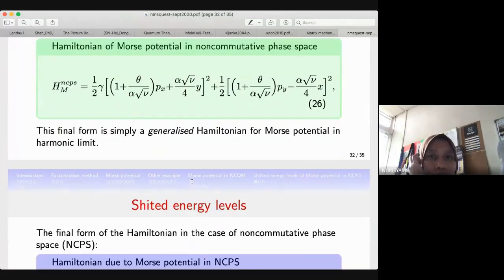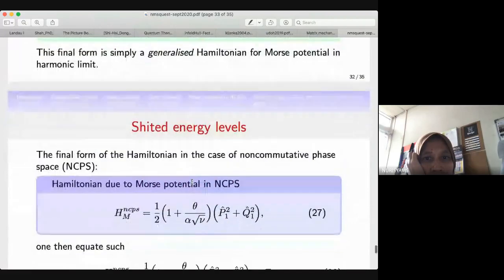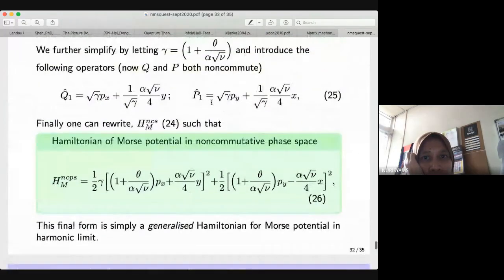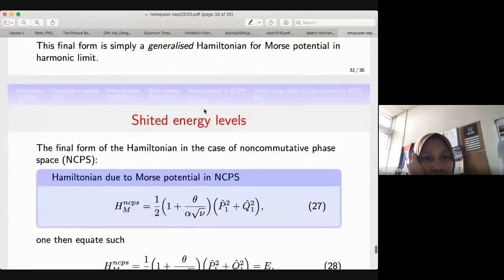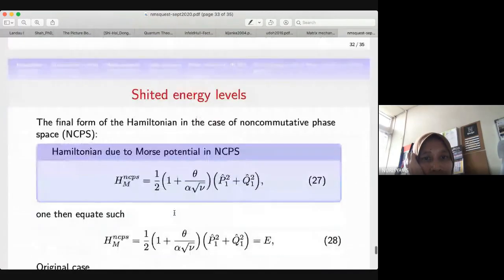So what we are going to say about this is, if you look at the final form of your Hamiltonian in the case of a non-commutative phase space, now you see your P1 is not really Px. It is deformed.